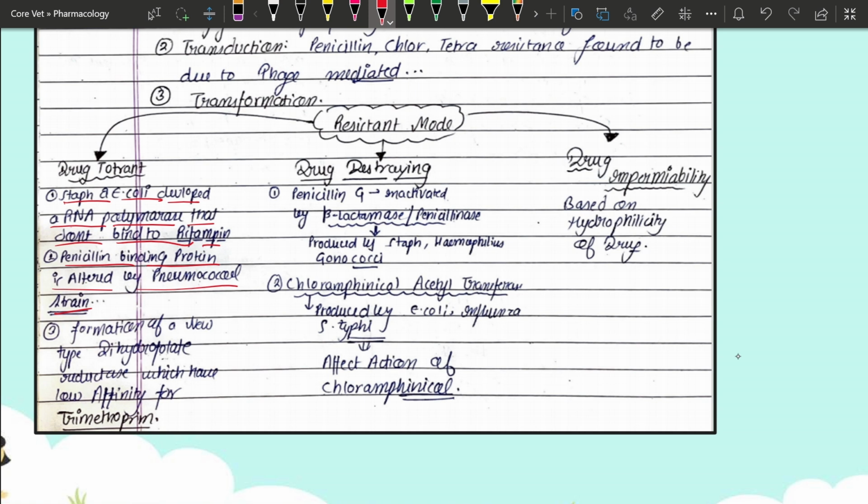When I teach about penicillin, you'll see that the mode of action of penicillin is by attaching to the penicillin binding protein.